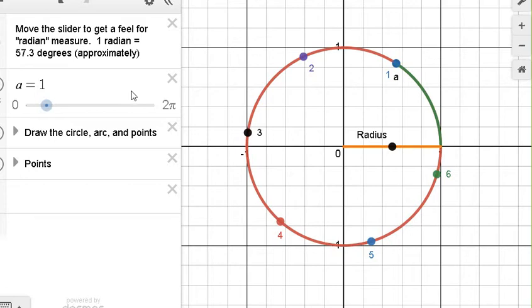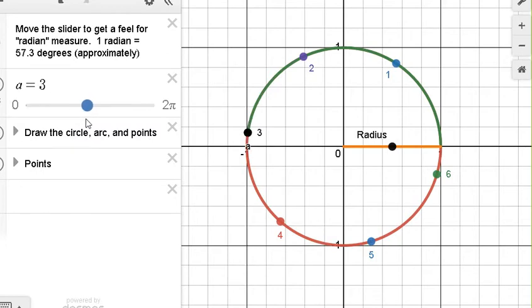If you want to go to 2 radians, you can keep on going. And there's 2 radians. I went past it a little bit. How many radians do you think it's going to take to get halfway around the circle? It's a little bit more than 3.